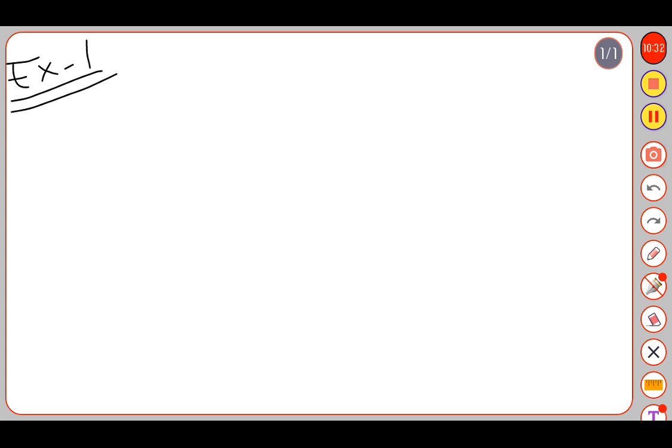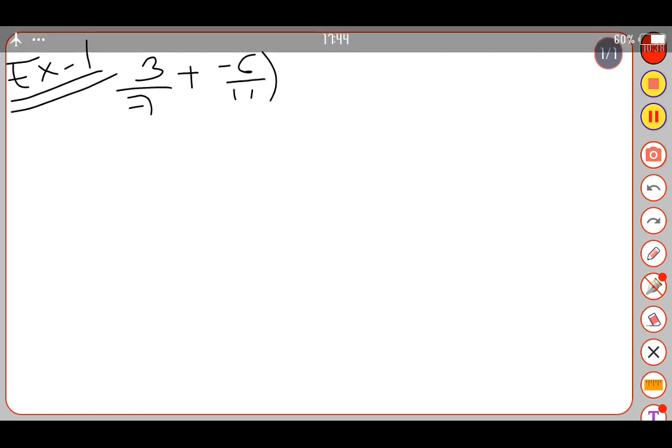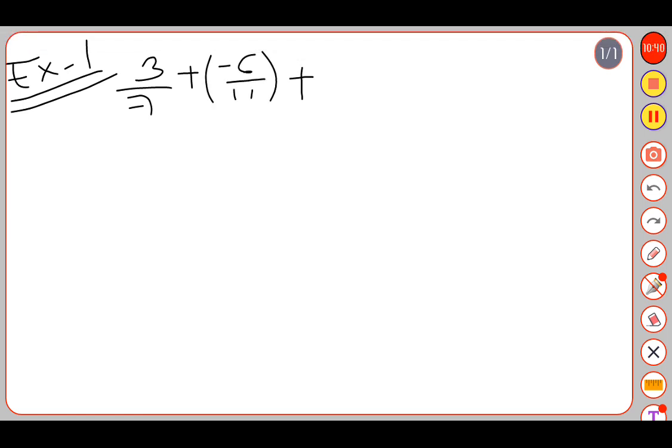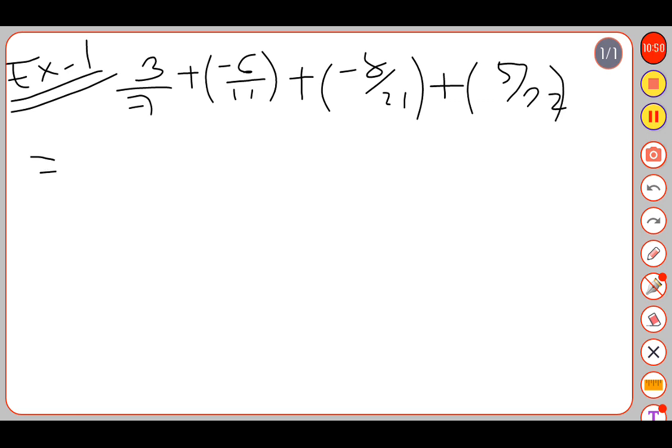Here it is given 3/7 plus (-6/11) plus (-8/21) plus 5/22. So we will take the LCM of 7, 11, 21 and 22.